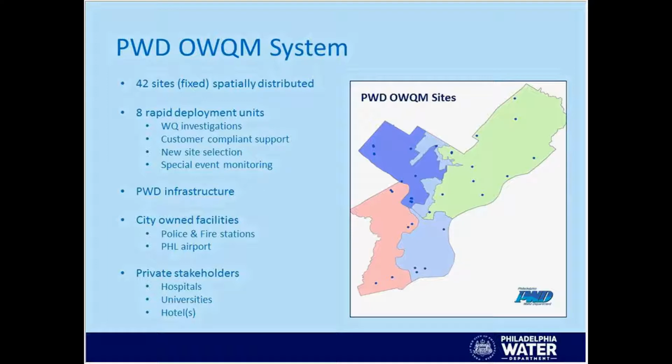Also, some of our stakeholders who have partnerships with Homeland Security, we're able to provide them water quality data reports that they can then provide to Homeland Security so that they get additional funding. So we want to really maintain those win-win relationships with our private stakeholders.